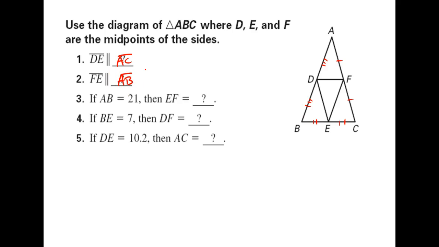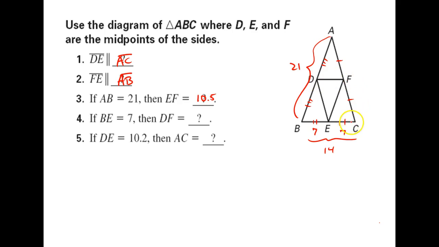If we know that AB is 21, so the length from A to B, this entire side, is 21 units long, then EF is going to be half its length based on the information from the midsegment theorem. So that is 21 over 2, or 10.5. If BE is 7, so now here we're told that BE is 7, then the entire length is 7 and 7, or 14.